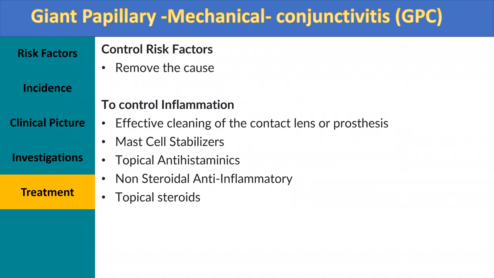They need to know how to use it and how to clean it, especially the contact lens or prosthesis. Till that happens, we control the manifestations with mast cell stabilizers, topical antihistamines, non-steroidal anti-inflammatory drugs, and topical steroids. So these are the same anti-inflammatory or anti-allergic medications.